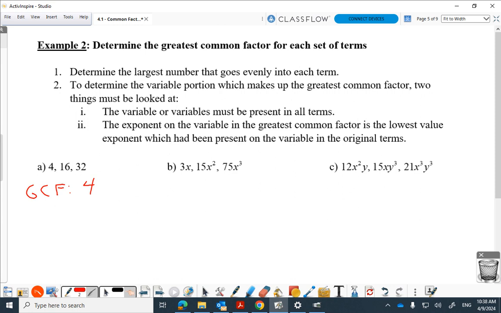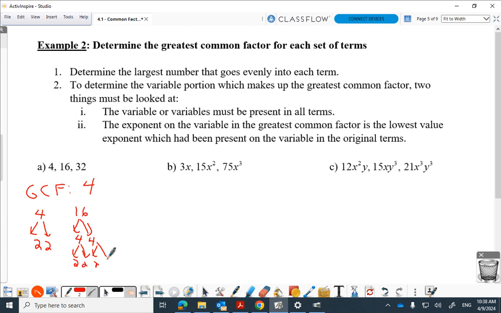You could make a factor tree for all of these and then find out what's common to all the factor trees. For instance, I could take 4 and go, that's made up of 2 times 2. And that's the best factoring I can do on there. Then I could take 16 and make that into, say, 4 times 4, which is 2 times 2, and 2 times 2.